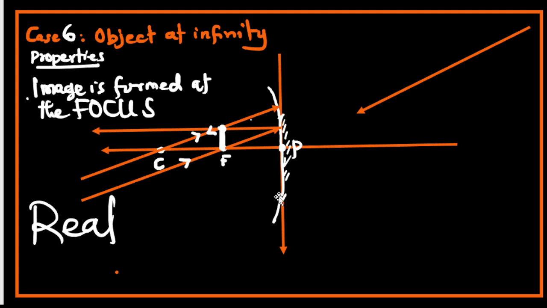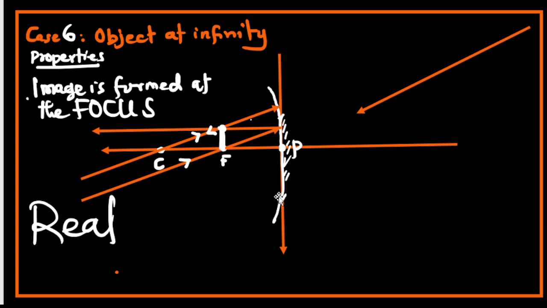Are you with me? Yes, sir. Okay, so by that logic we can say that the image of the object is more likely going to be diminished when compared to the object. But we can't conclude that because we don't have access to the object. But the main thing you need to know here is that the image is formed at the focus, and it's also real.